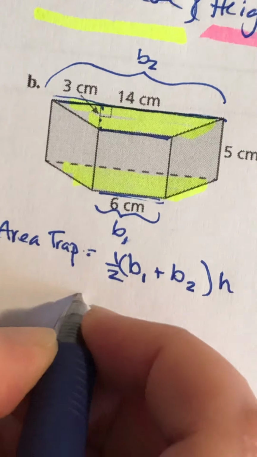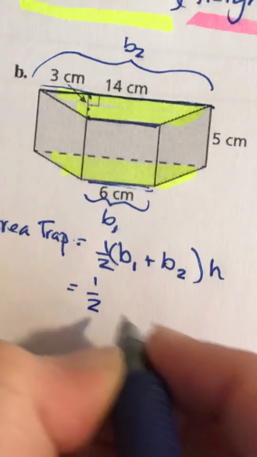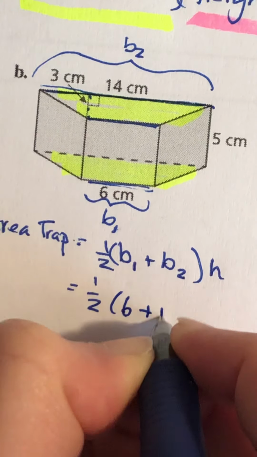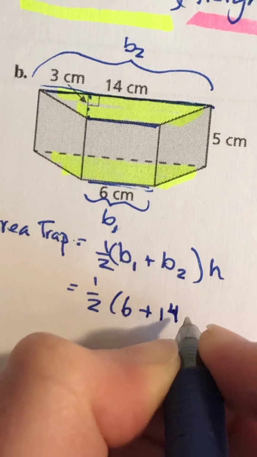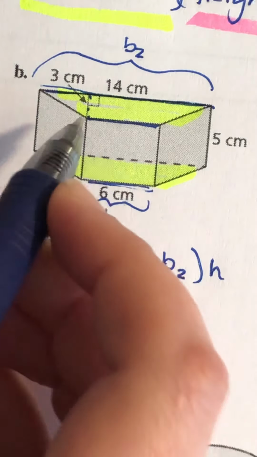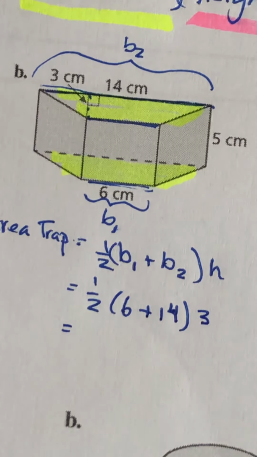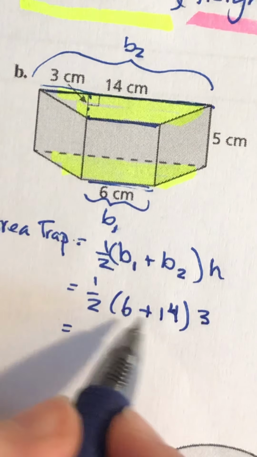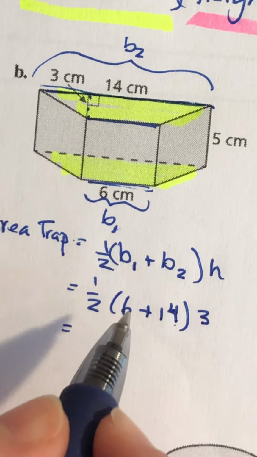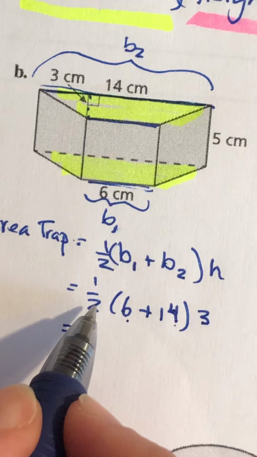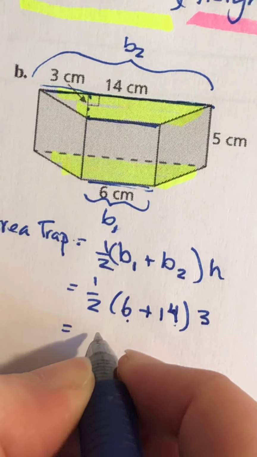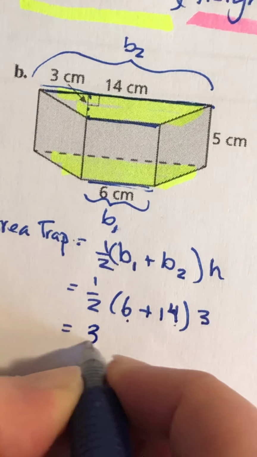So here we have 1/2 times 6 plus 14 times the height of the trapezoid, which is right here, 3. So 6 plus 14 is 20. Divided by 2 is 10, times 3 is 30.